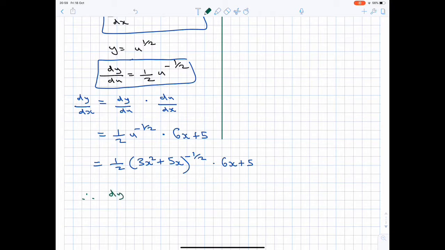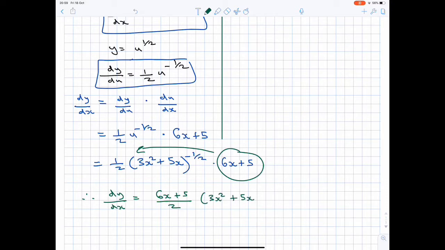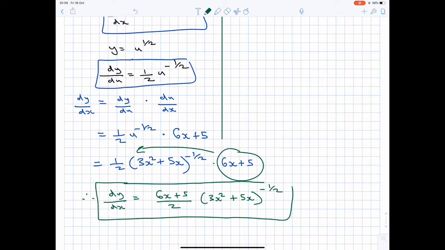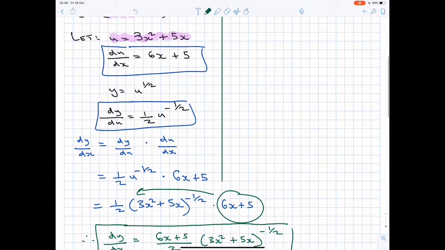So dy by dx, I'm going to bring the 6x plus 5 forward. Once we do that, we will get 6x plus 5, and that's all going to be over 2. And then the rest will stay the same, 3x squared plus 5x, and that's to the minus a half. So that is what you get when you differentiate using the chain rule.